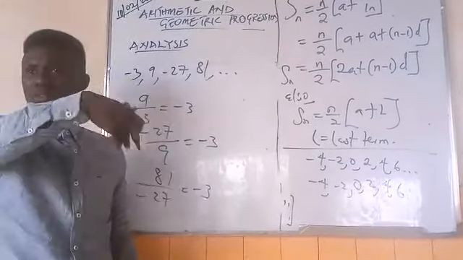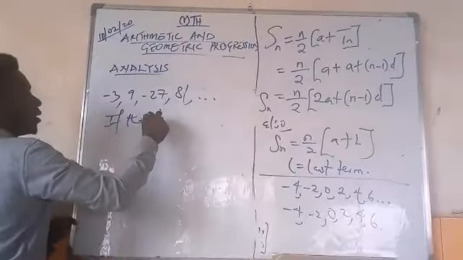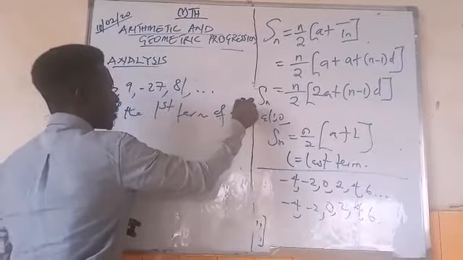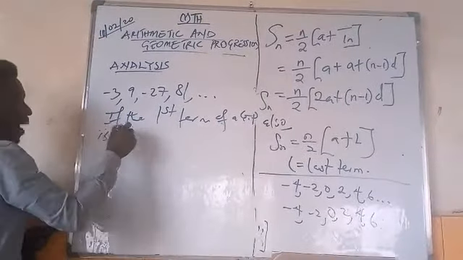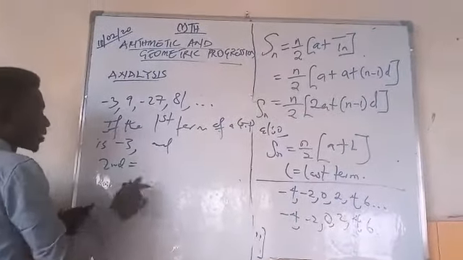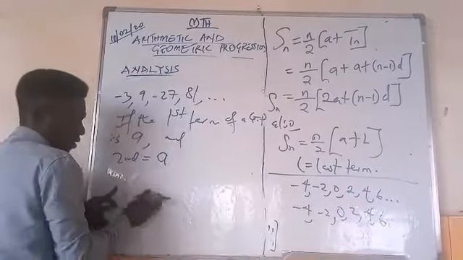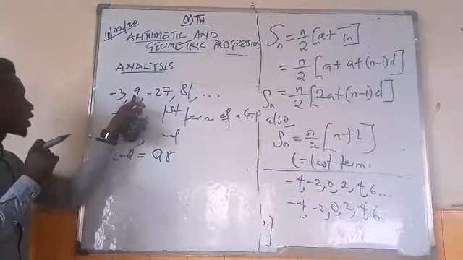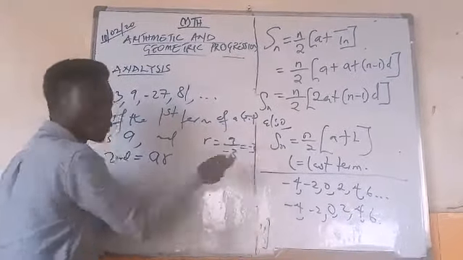So my ratio is common. If the first term of a GP is A, say minus 3, and the second term is A times R, what is my R? 9 divided by minus 3, which is minus 3, right?